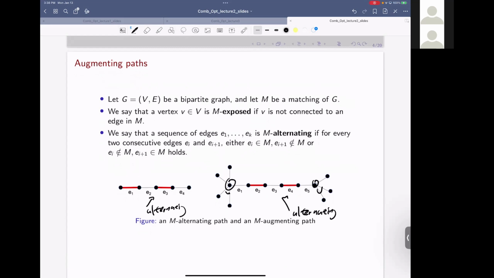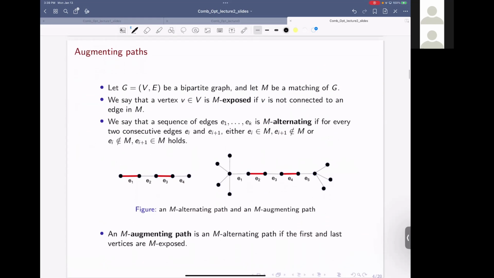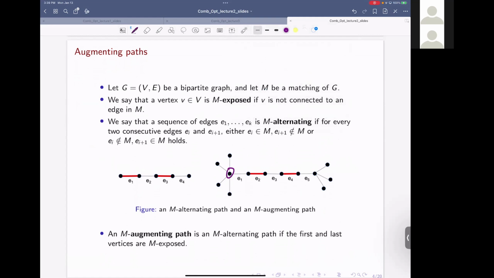Then what is an augmenting path? An augmenting path is an alternating path, but with the condition that the two end vertices U and V are both M exposed. So U and V are not covered by a matching edge.